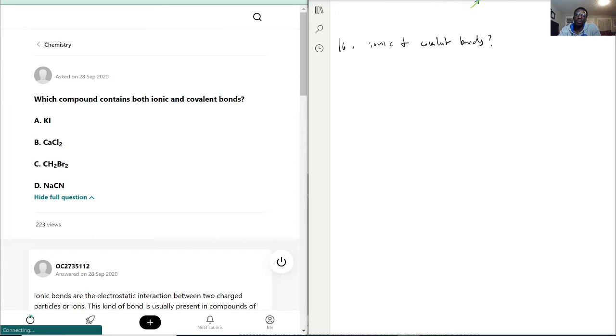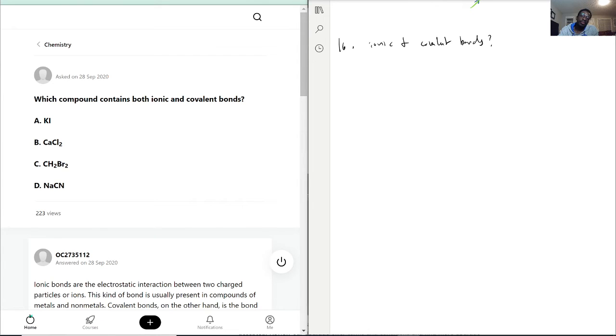We first need to figure out what an ionic and a covalent bond is. To break it down, an ionic bond is typically a bond between a metal and a non-metal, and covalent bonds specifically are going to be 2 non-metals attached to each other.